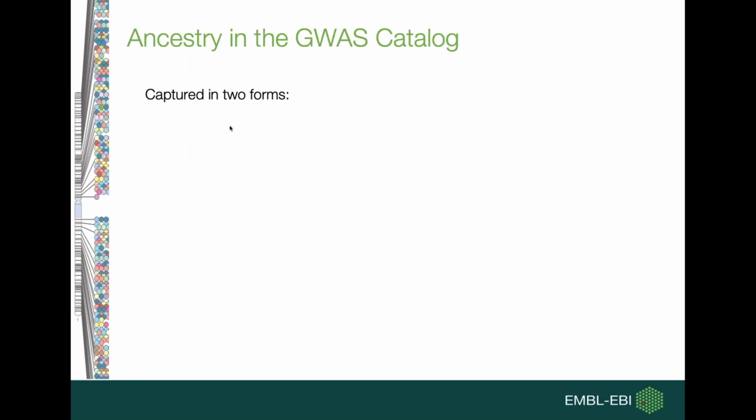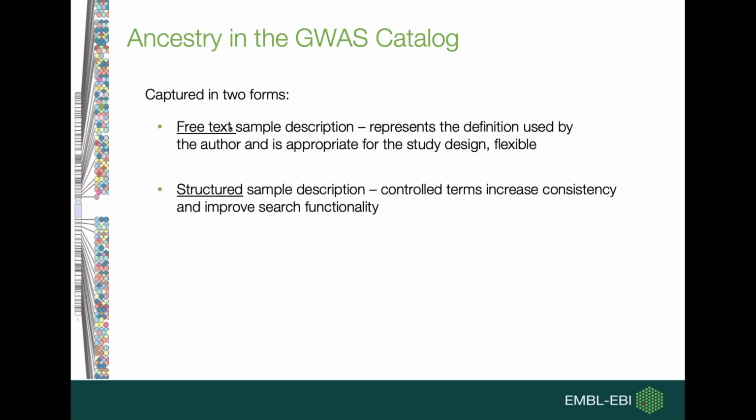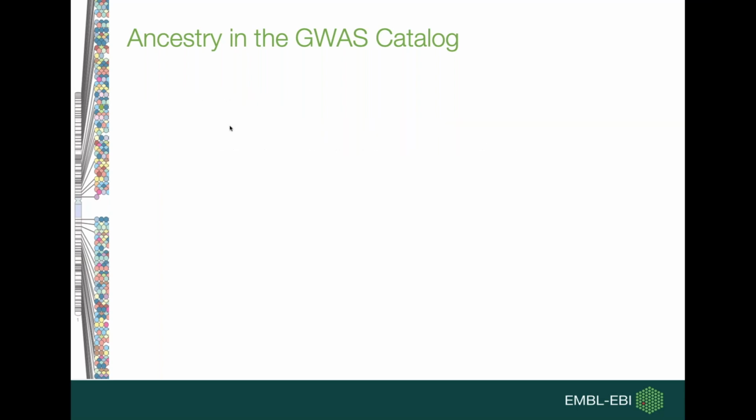So ancestry is captured in two forms, in a free text sample description and a structured sample description. The free text allows us to represent most closely the definition used by the author, and the structured sample description uses controlled terms to increase consistency and comparability between studies and improve the search functionality.